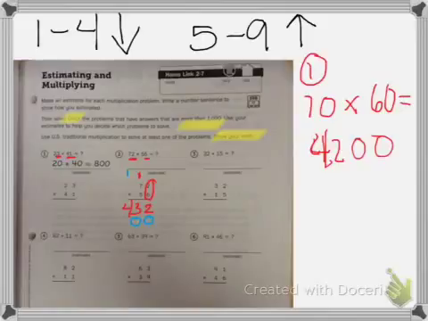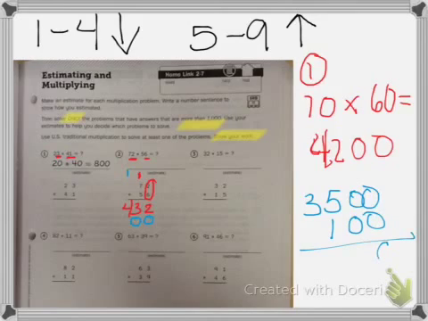So 3,500 plus I had an extra 100 left over from 50 times 2. So that's going to be 3,600. When I add it together, I'm going to do it in purple.